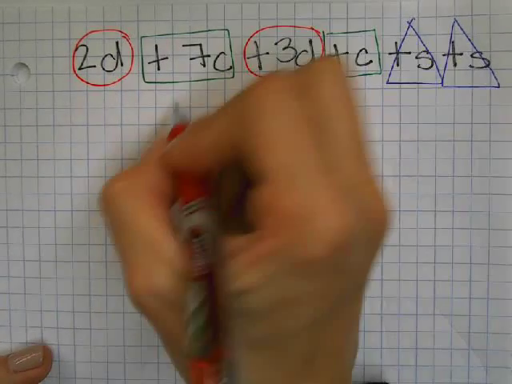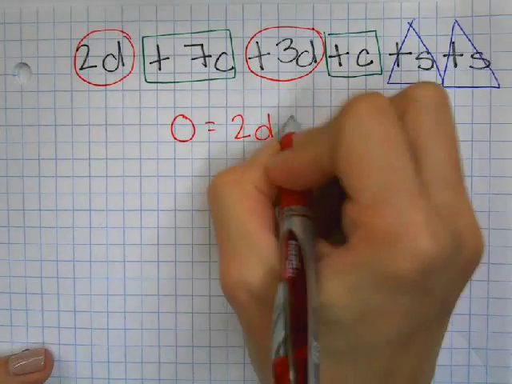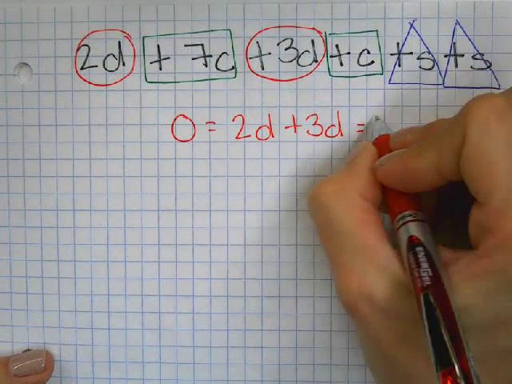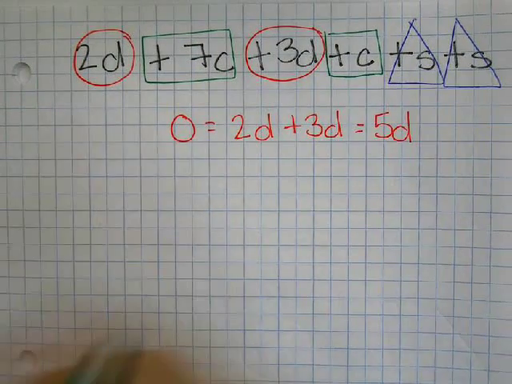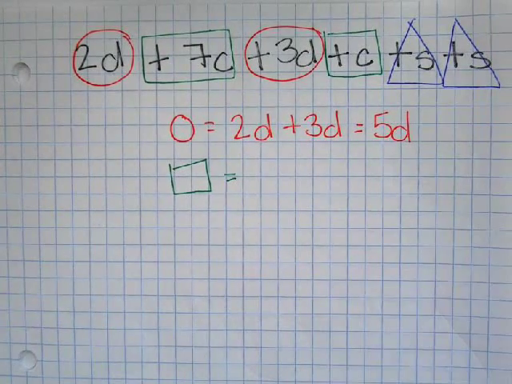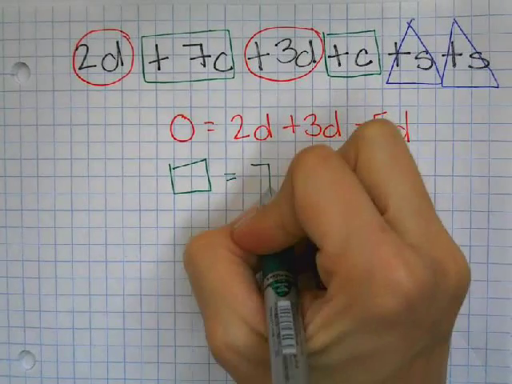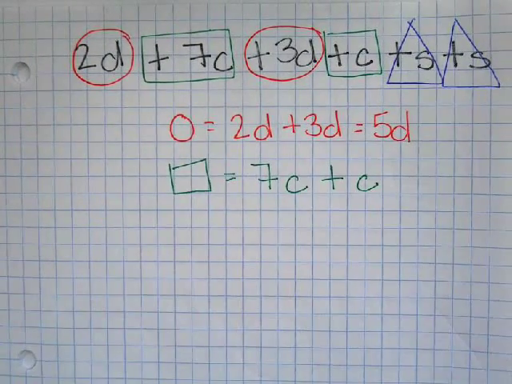All right, so we have circles. So I have a 2D plus a 3D is equal to what? 5D. My squares. What are my terms when it comes to squares? So I have 7C plus a C. Oh, wow. Wait a minute.